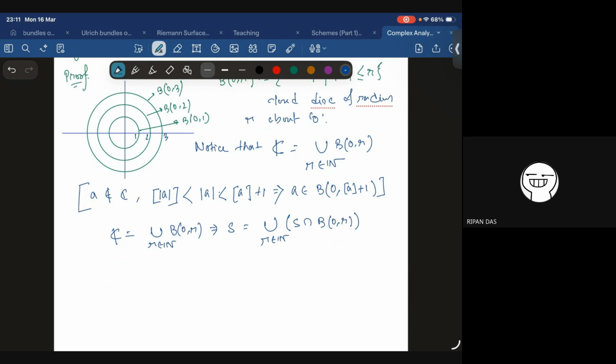Correct? So now you see this side, S, is uncountable, and this union is a countable union.